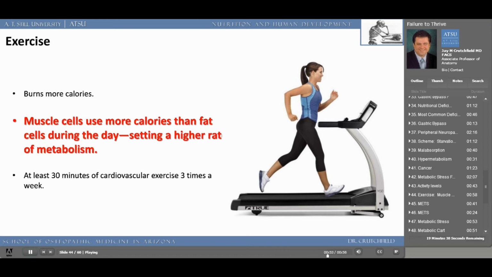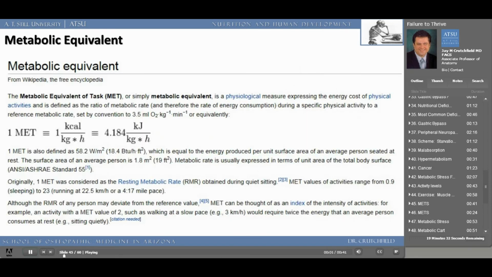Calories in should be less than calories out, but that doesn't always mean they should be starving. On some of the treadmills and exercise machines, you actually see this number called a metabolic equivalent, or a MET. I know that on several treadmills made by True, it does show the metabolic equivalents. A metabolic equivalent is 1 kcal per kilogram per hour.